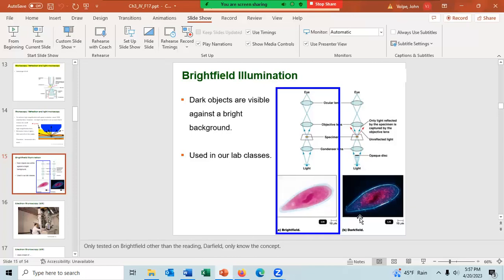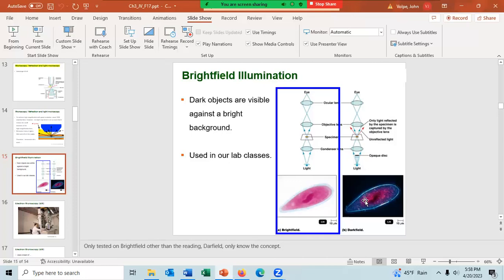In dark field illumination, we put a disc blocking the light coming from the lamp so that all of the light directly coming from the lamp going to the specimen is blocked by the disc. And that's why the glass background of the slide looks dark. Now the specimen is lit up, although it's darker than in bright field illumination.